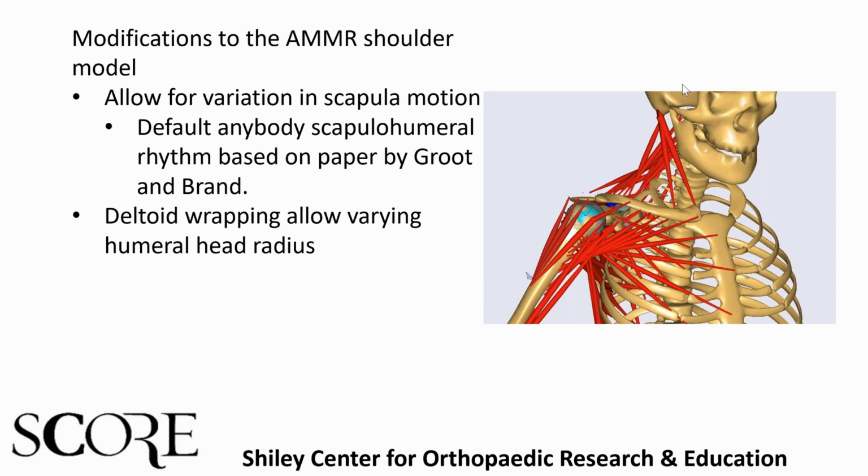But that's exactly the point of our project: to make the scapular motion an independent variable, independent from the humeral motion, and then to see how important this effect is compared to other input variables that most people have already investigated. We also changed the deltoid wrapping to allow for a varying humeral head radius. So as the humeral head radius increased, obviously the deltoid has to wrap around this larger head.